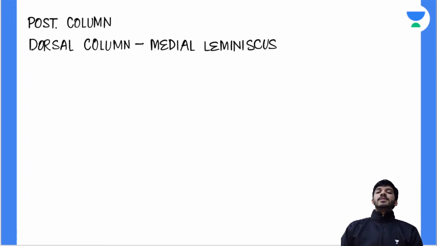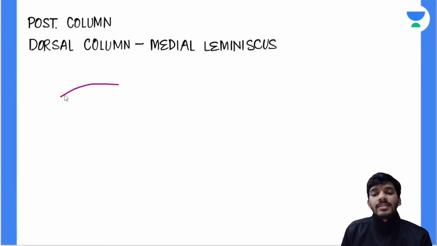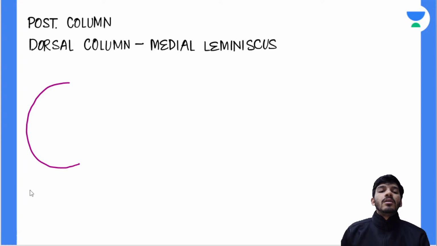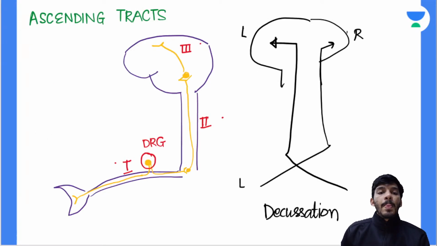Now what happens is in the posterior column or the dorsal column, please understand that if this is the spinal cord, let's say I'm making the spinal cord, right? And whenever I make the spinal cord, I make it a point to keep a separate diagram for the ascending tracts now. I'll not draw it here, I'll draw it here.